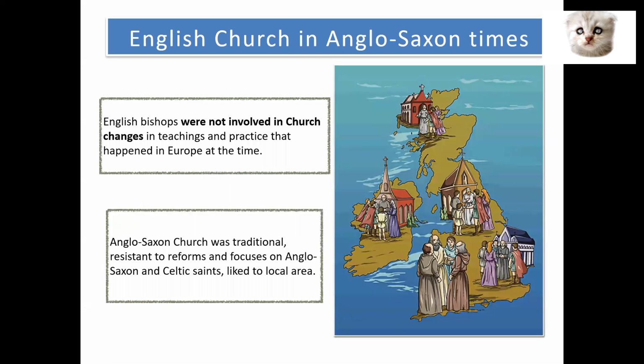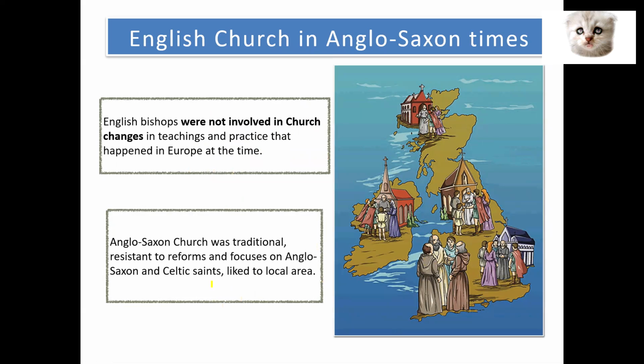The next couple of slides are very much going to be focused on the importance of the English church in Anglo-Saxon times. At that time, English bishops were not involved in church changes that were happening in Europe. It was very much focused upon the little British Isles.